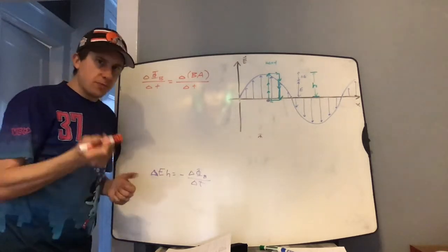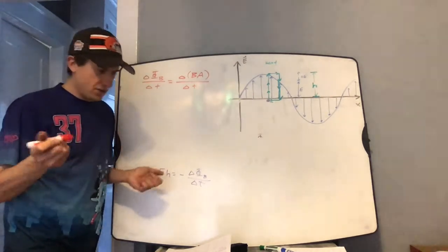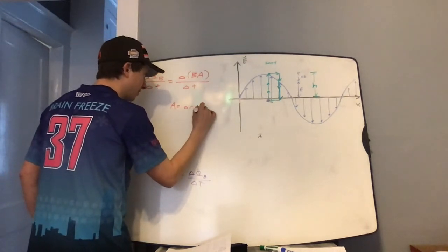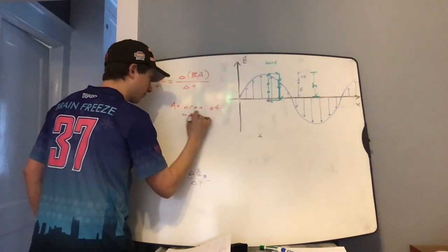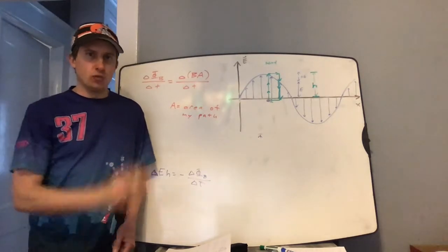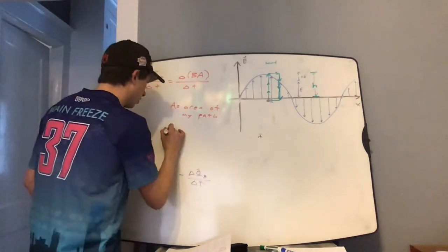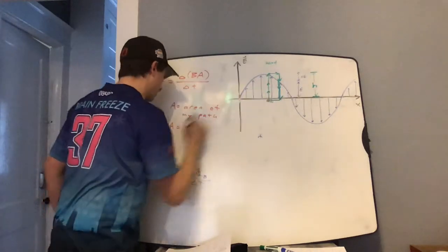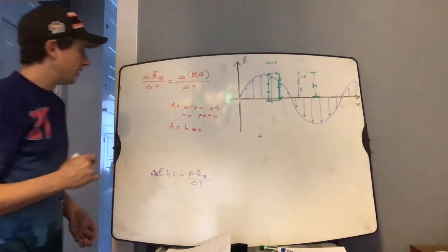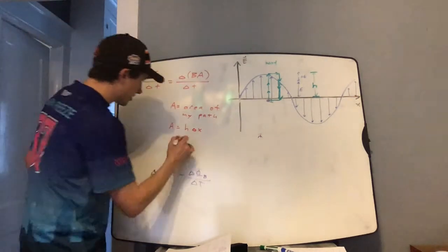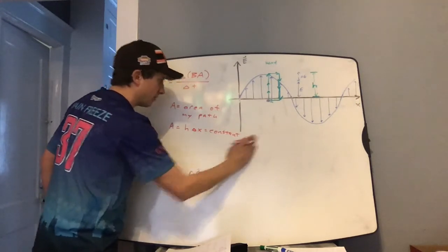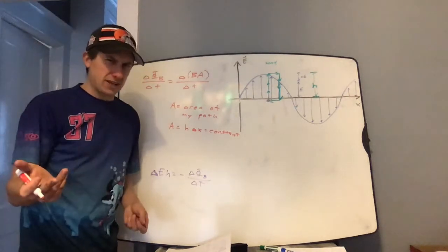Now, in this problem, A is, again, the area of the path I walk around. In this case, area would be just width times height, so area would be equal to H times delta x. Now, this area is also going to be constant because the area isn't really affected by other things.